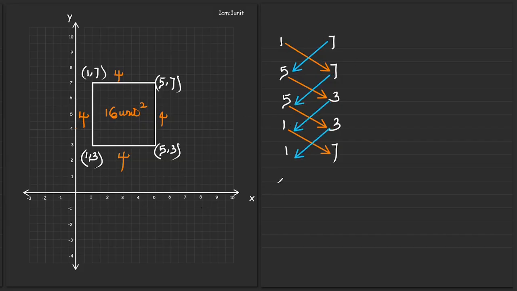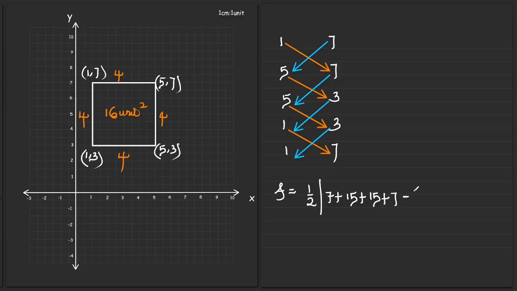So then our area A is going to be equal to 1 over 2, then the absolute value of 1 times 7, which gives us 7, plus 5 times 3, which is 15, plus 5 times 3, another 15, plus 1 times 7, which is another 7.